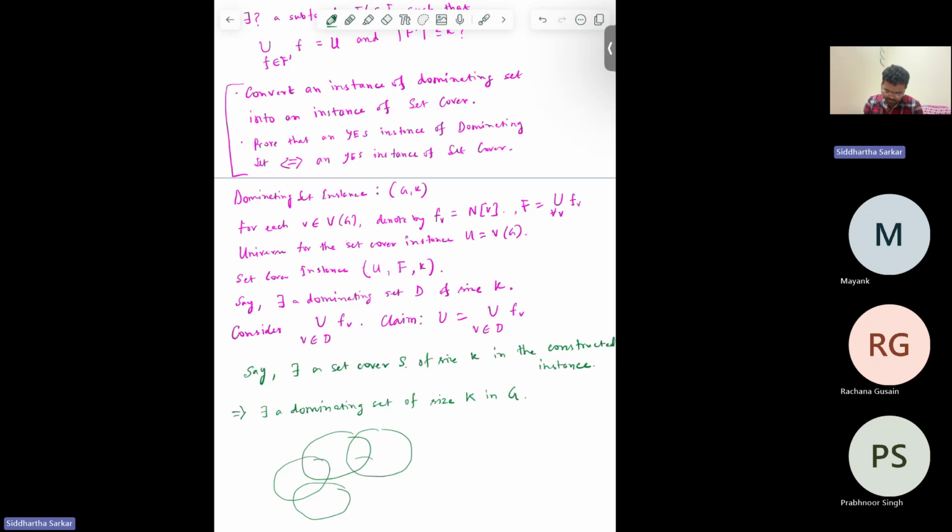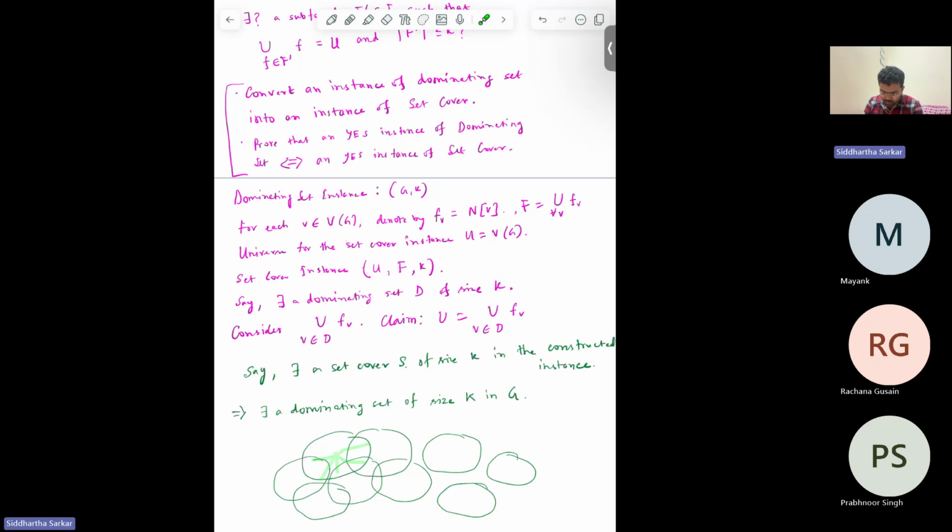So the sets that form the set cover cover all the elements of the universe. Now the sets in the dominating set setting correspond to vertices.